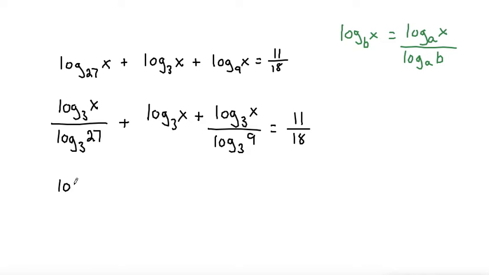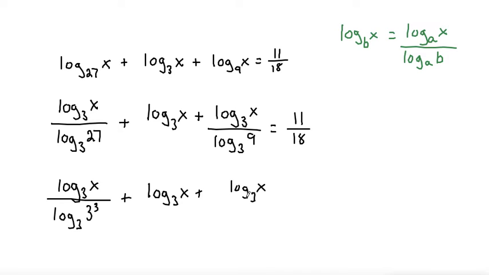So let's do log base 3 of x over log base 3 of 27, and 27 can be written as 3 to the power of 3. Plus log base 3 of x, plus log base 3 of x over log base 3 of 9, and 9 can be written as 3 to the power of 2. Bring down the equals 11 over 18.